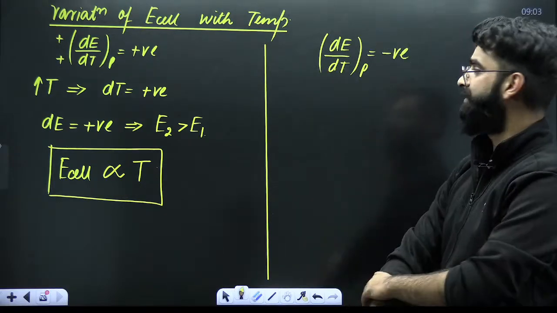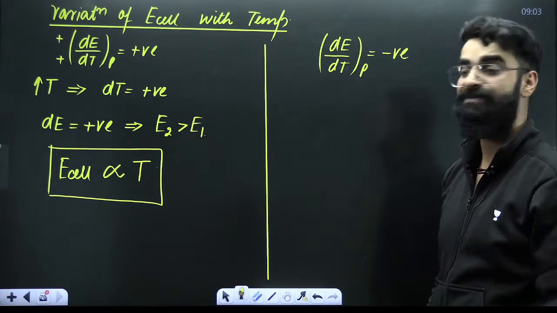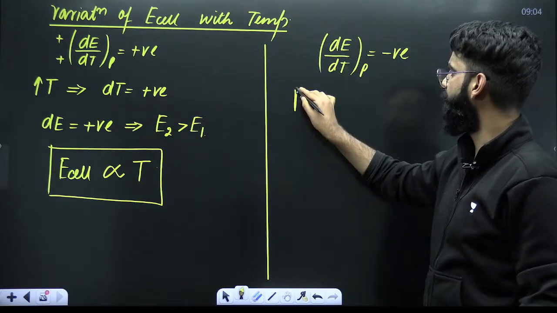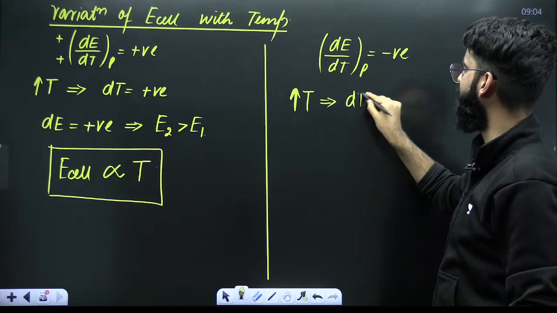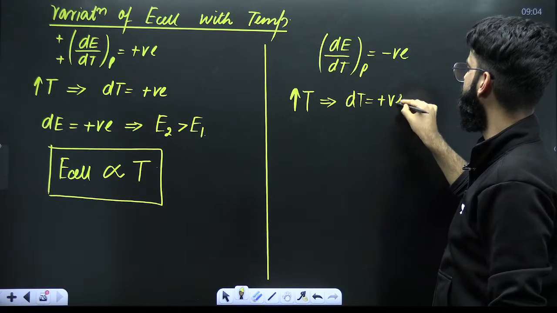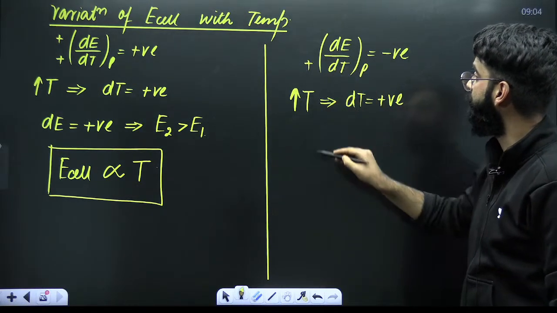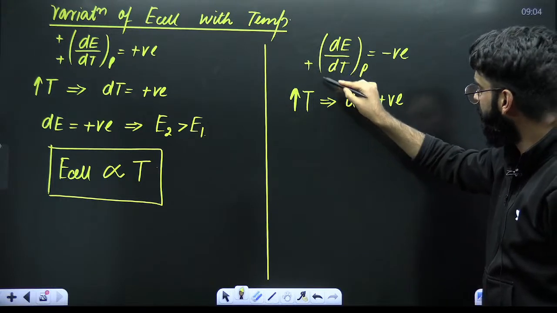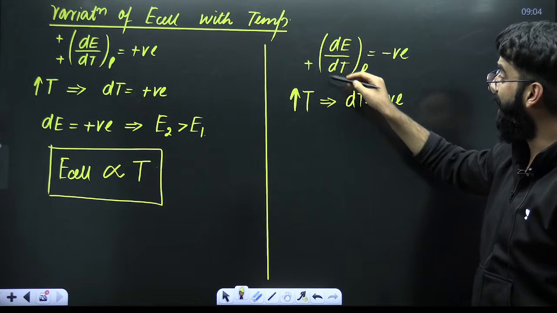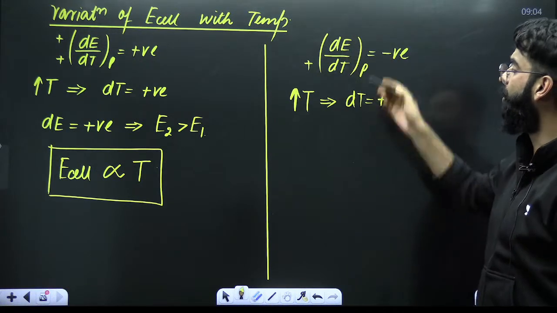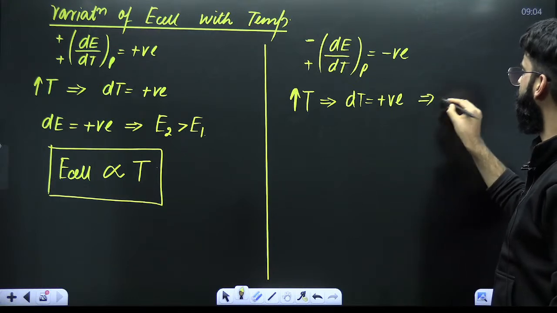Similarly, those galvanic cells which have got temperature coefficient negative, how does their EMF vary with temperature? For example, if you increase the temperature here, dT value will be positive. So the denominator, dT, is positive. But the overall term has to be negative. For the overall term to be negative, this dE value has to be negative.